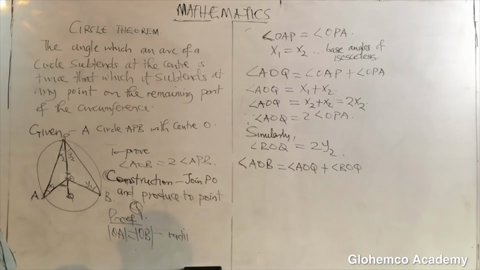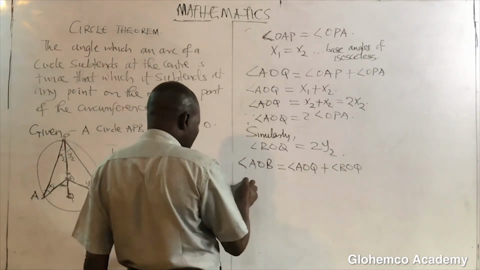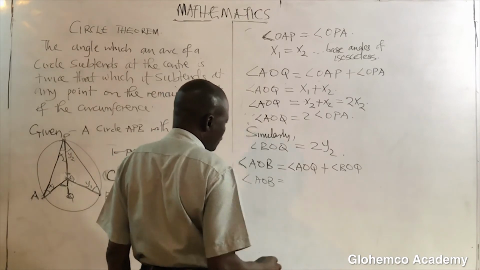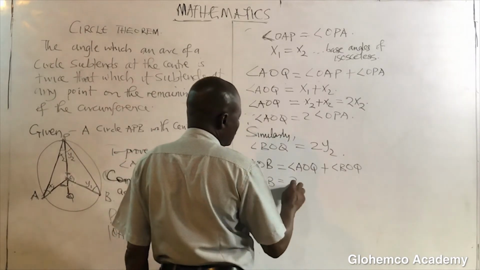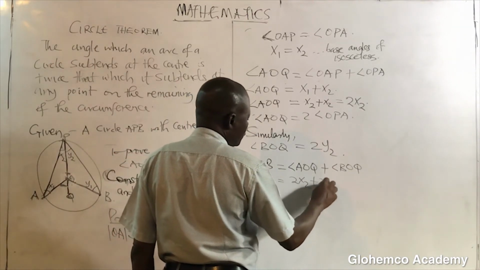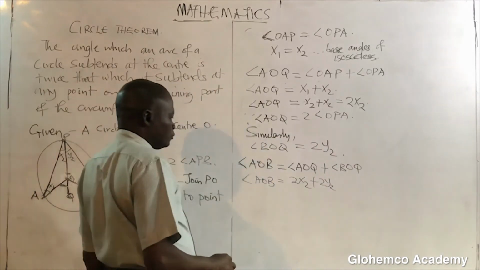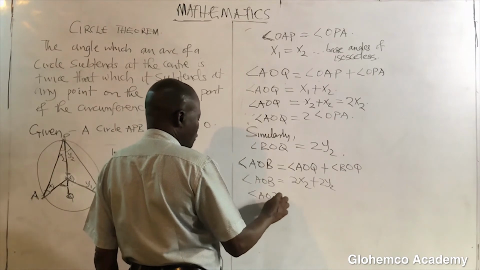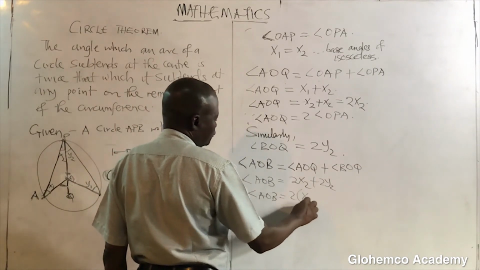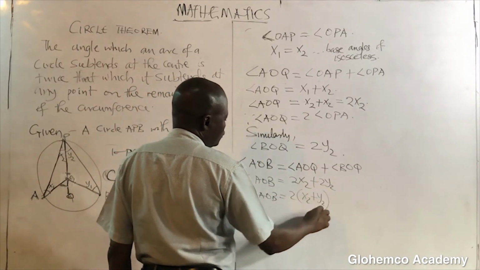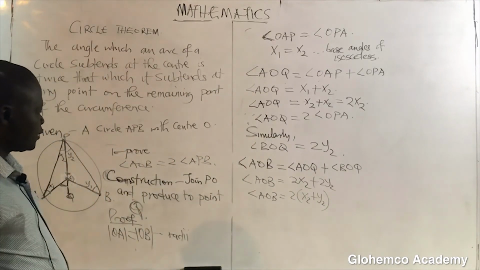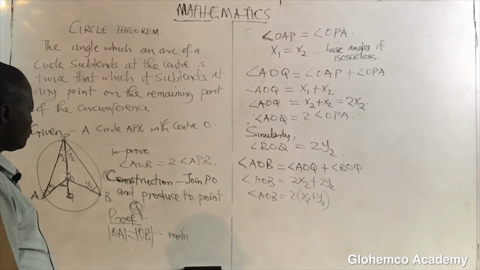Now, what are we saying? We say that angle AOB equals 2x2 plus 2y2, which is 2 into bracket x2 plus y2.